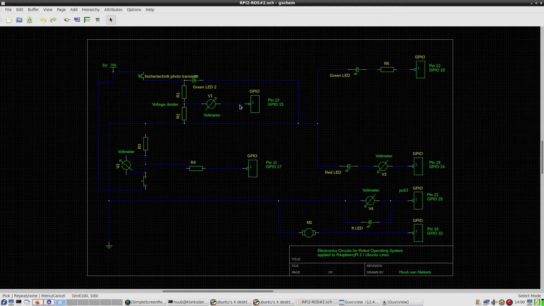But if this voltage is too low, it won't detect it as a 1. So should I change the values, or could I change the values? Yes, I probably can. But how? Replacing the transistors? Yes, by which value?